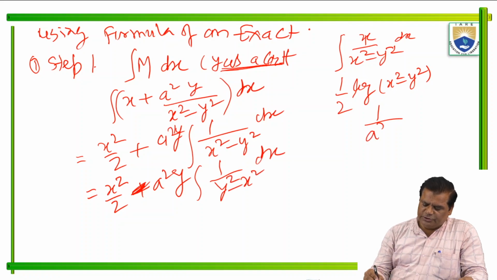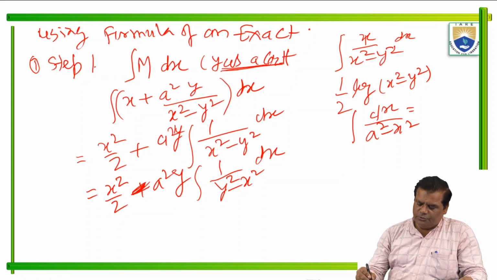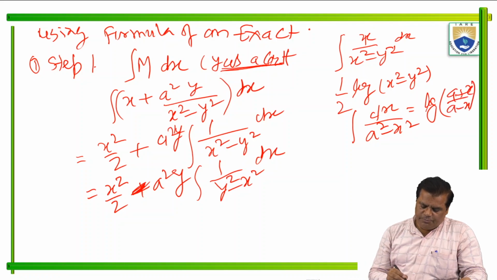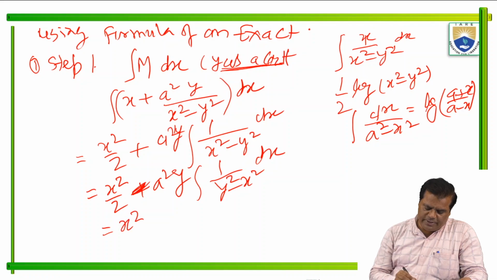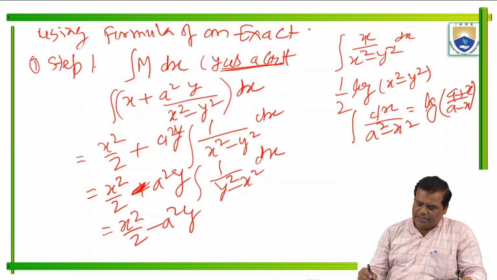So 1 upon a square minus x square, integrating dx, equals 1 upon 2a log a plus x upon a minus x. This formula we apply here. So x square y upon 2 minus a square y, and 1 upon 2a.